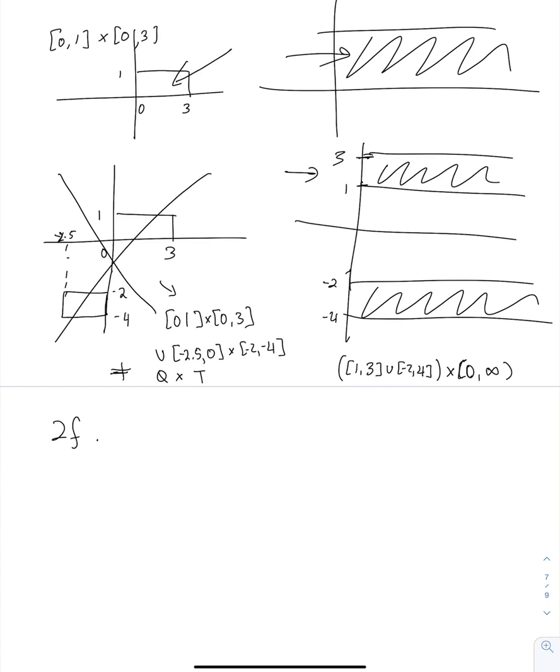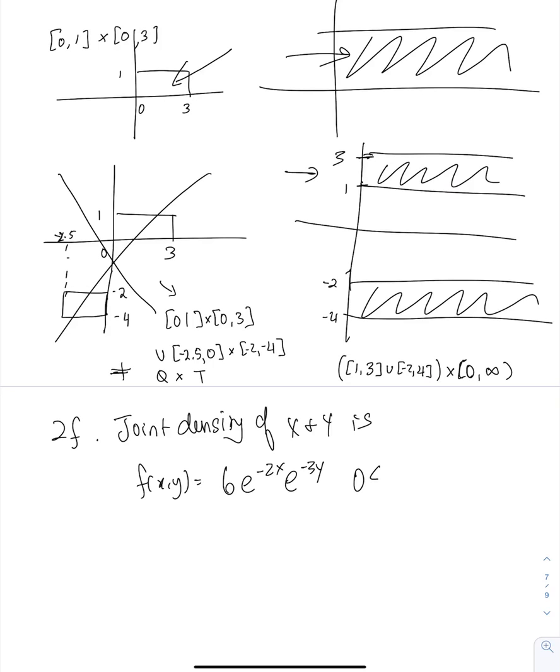Okay, so what you're told is the joint density of x and y is given by f of xy equals 6e to the -2x, e to the -3y for x between 0 and infinity and for y between 0 and infinity.